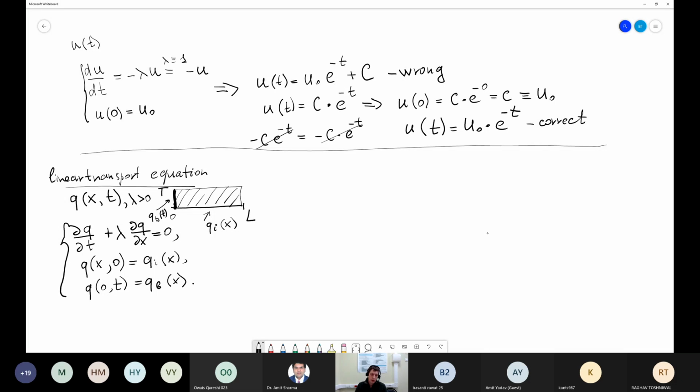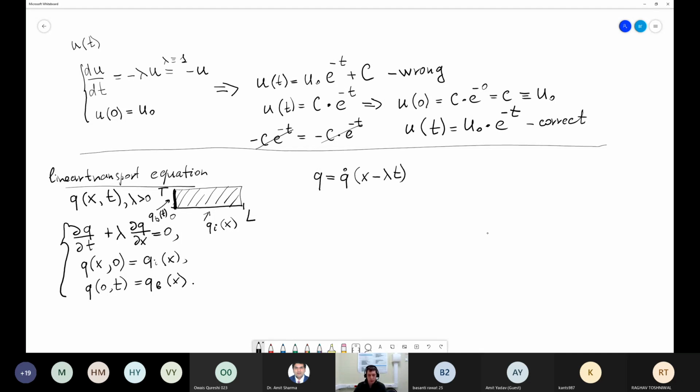If lambda is constant, we know the analytical solution of this equation. q is equal to some function q subscript 0 that depends on the combination x minus lambda t.